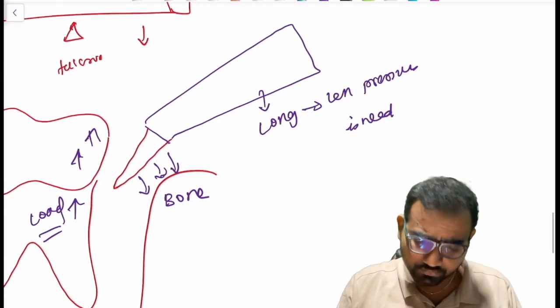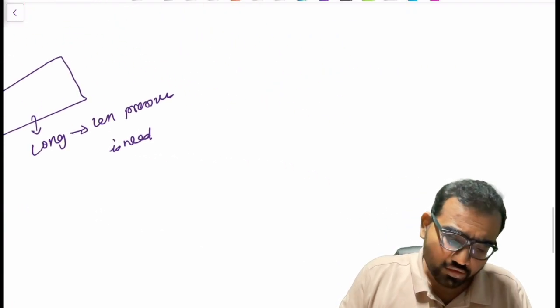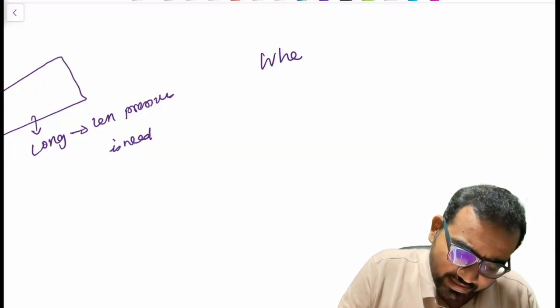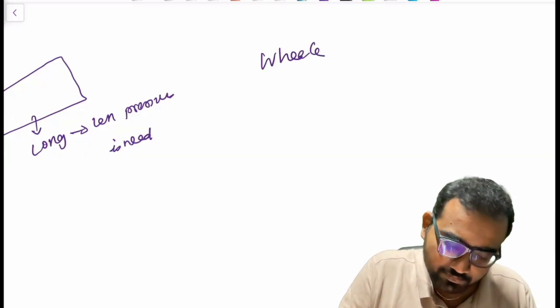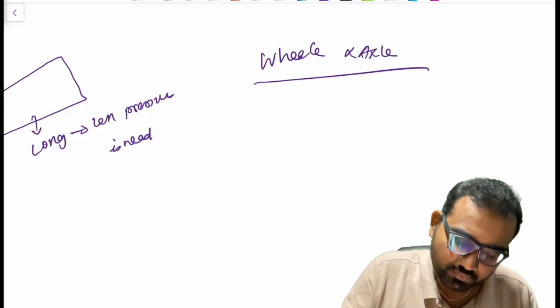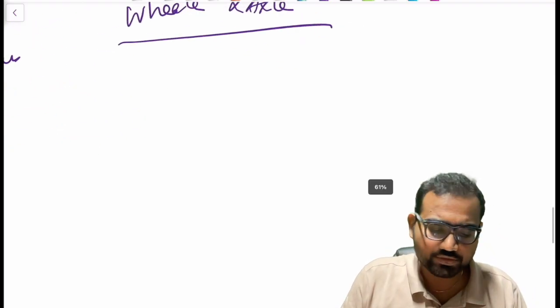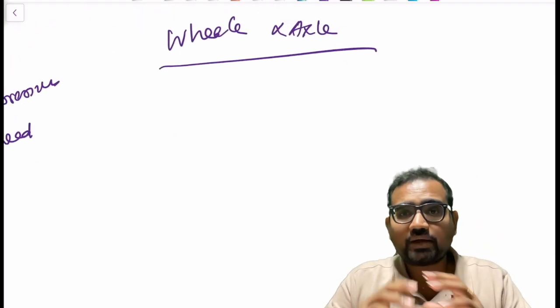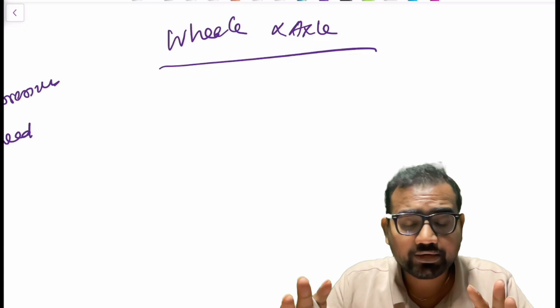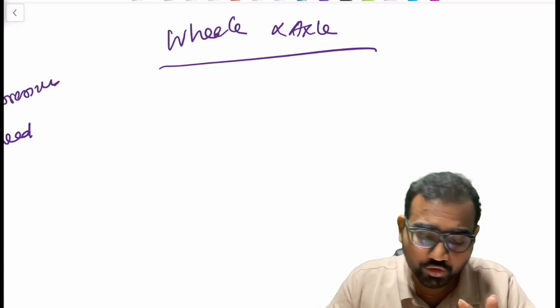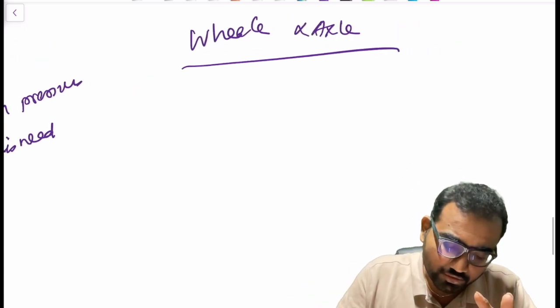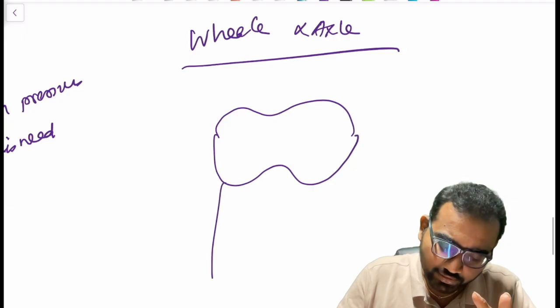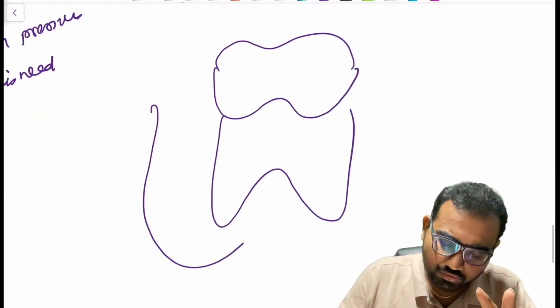Now moving on to the next principle, that is the wheel and axle principle. If you see, I'm not using the bone as a fulcrum here. I'm going to place the instrument between the tooth and the bone.